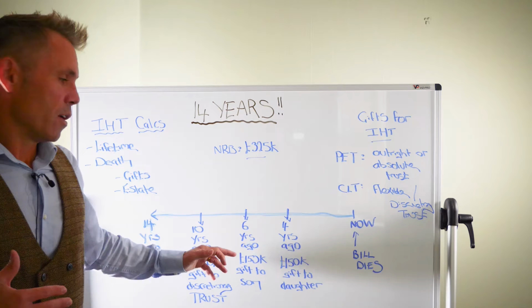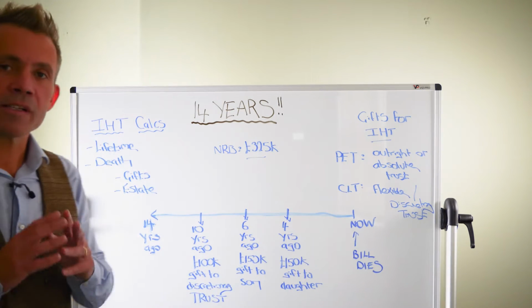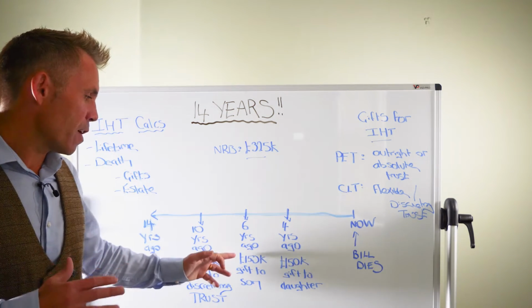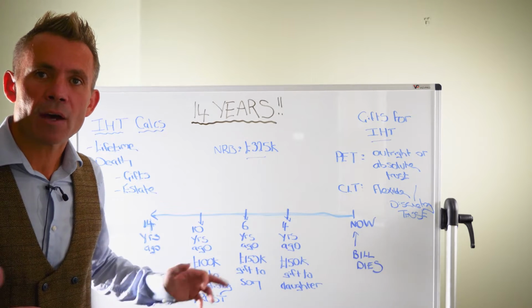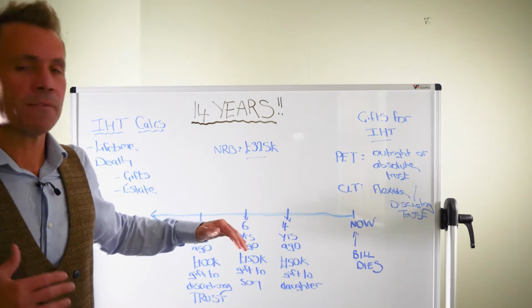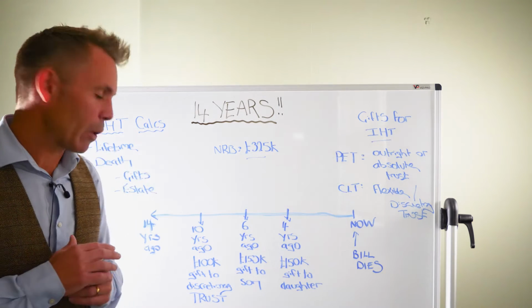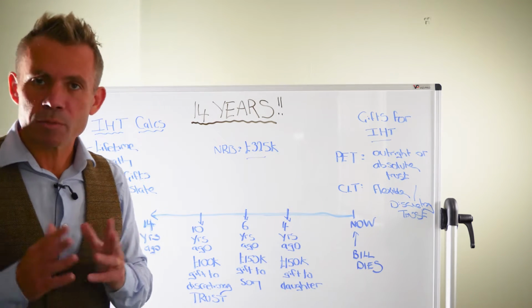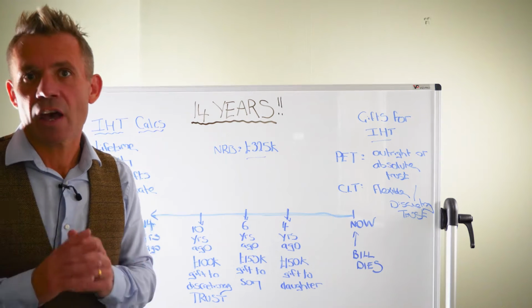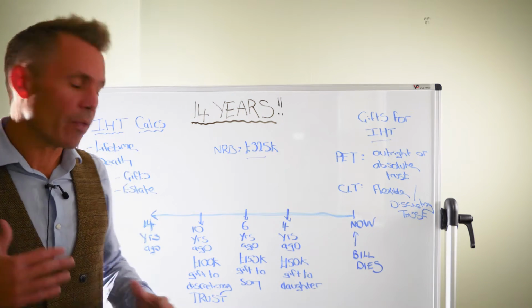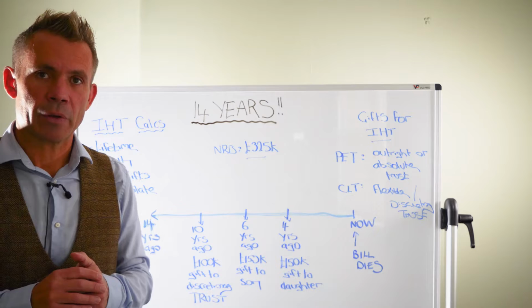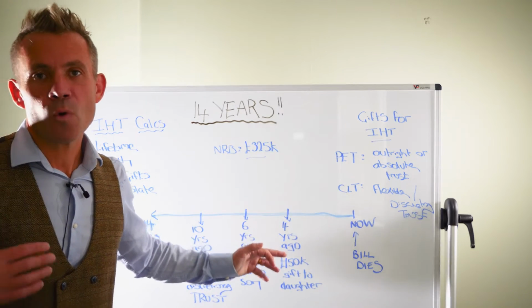Six years ago, Bill then made an outright gift of £150,000 to his son. As we've already explained, that's a potentially exempt transfer. As long as Bill survives the 7 years, there'd be no tax to pay on that gift. Then we move to 4 years ago.